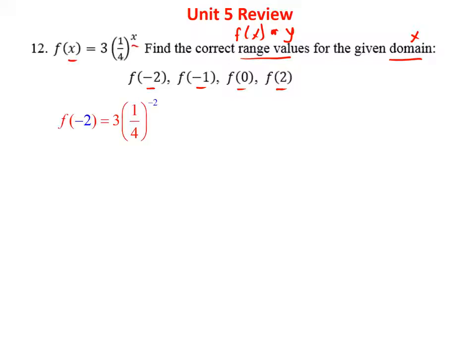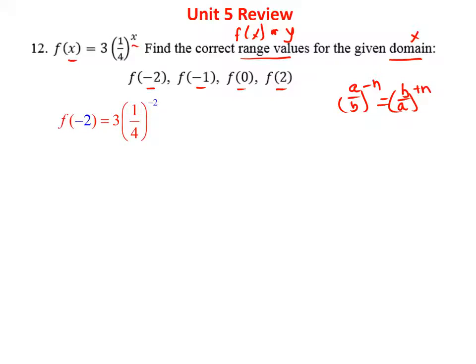So the first one says f of -2 is equal to 3 times 1/4 to the -2 power. Now you need to remember that when we have a negative exponent, we take the reciprocal and change the exponent to positive. So if I have a over b to the minus n, that's going to be b over a, the reciprocal, to the positive n.